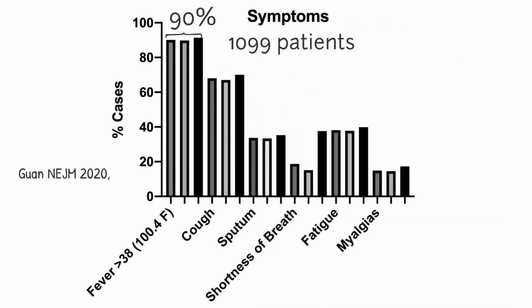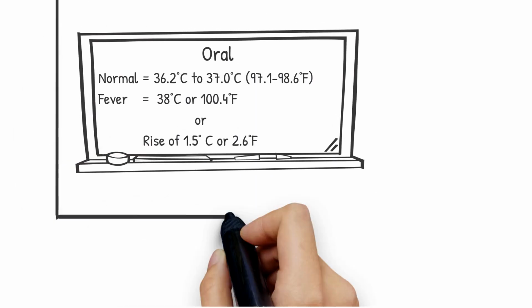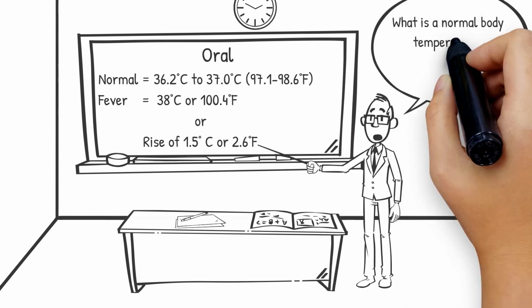In looking at the symptoms associated with SARS-CoV-2 infection, it is no surprise that the most common symptom is fever, found in over 90% of the 1,099 patients reported in the March 2020 issue of the New England Journal from China. Understanding its importance in this disease, how should we define fever?